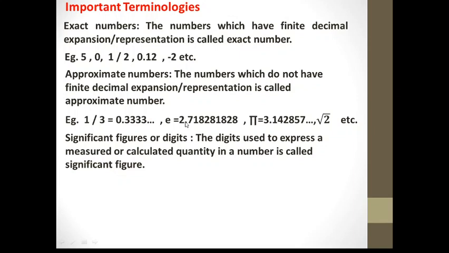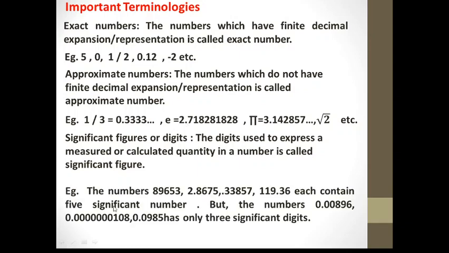So let's see what significant digits are. Digits which are used to express a measured or calculated quantity in a number are called significant digits or figures. For example, the numbers 89653, 2.8675, 0.33857, 119.36 each contain 5 significant digits.